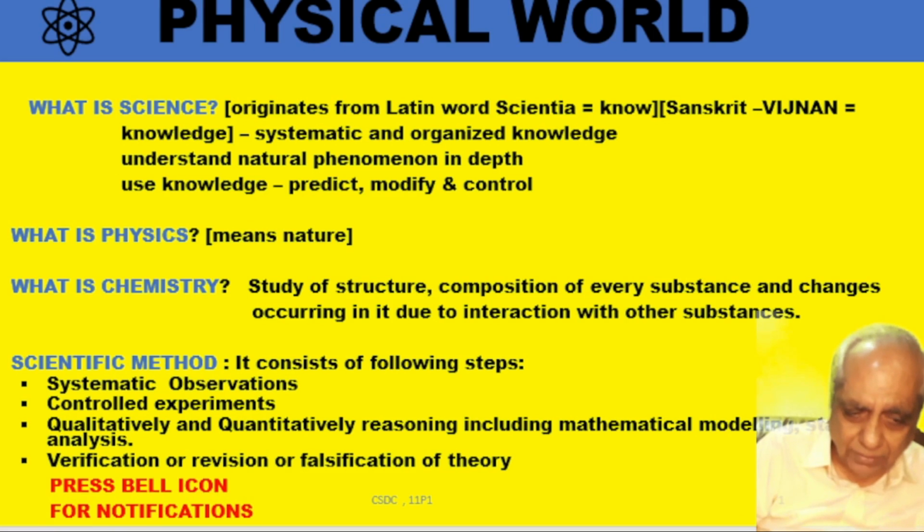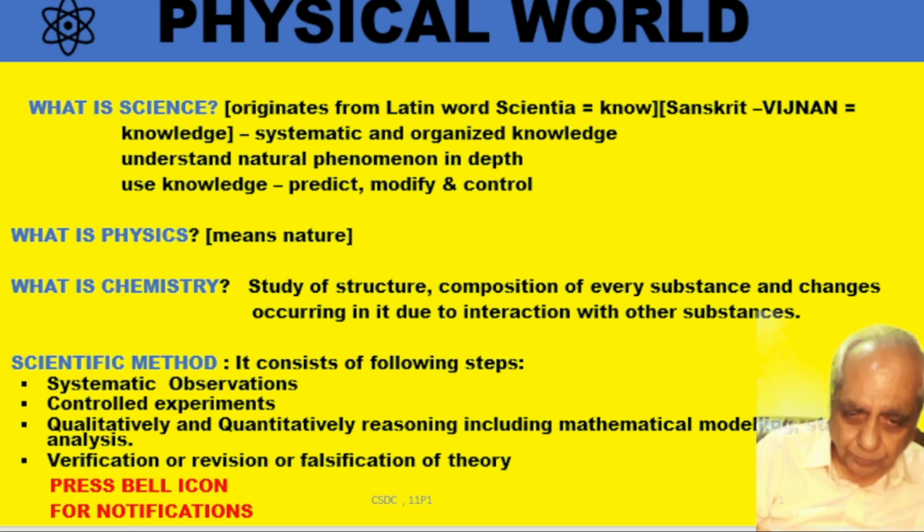Mathematical modeling means we know it depends upon these parameters, so can we make a model of it? Do the calculations and see that the results we get in the mathematical model are what we are observing. Sometimes we also do statistical analysis.